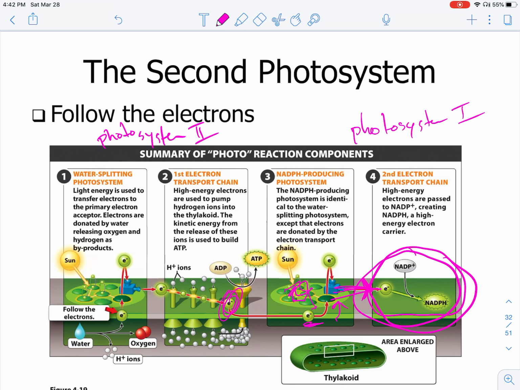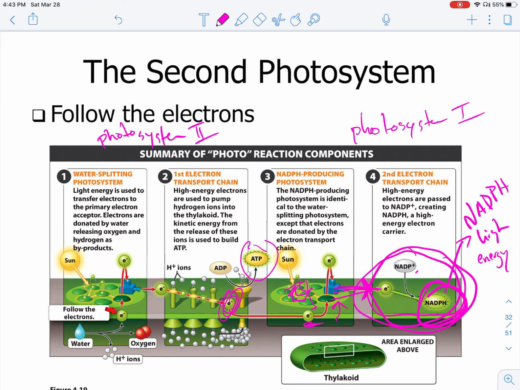And so this activated electron links up with the electron carrier NADP plus to form a reduced electron carrier NADPH. And remember, these electron carriers have a whole bunch of energy associated with them. All right. And so NADPH will carry these electrons off into the Calvin cycle in order to make sugars.